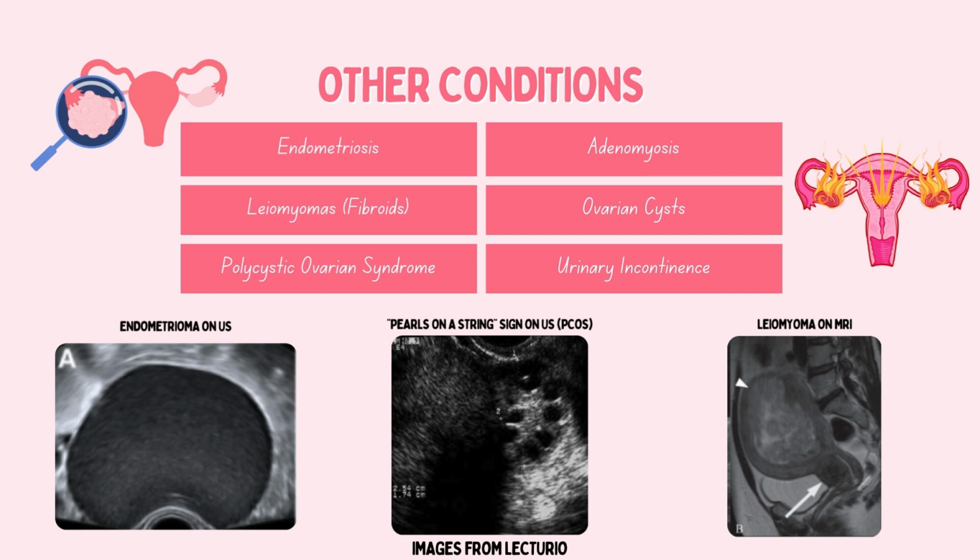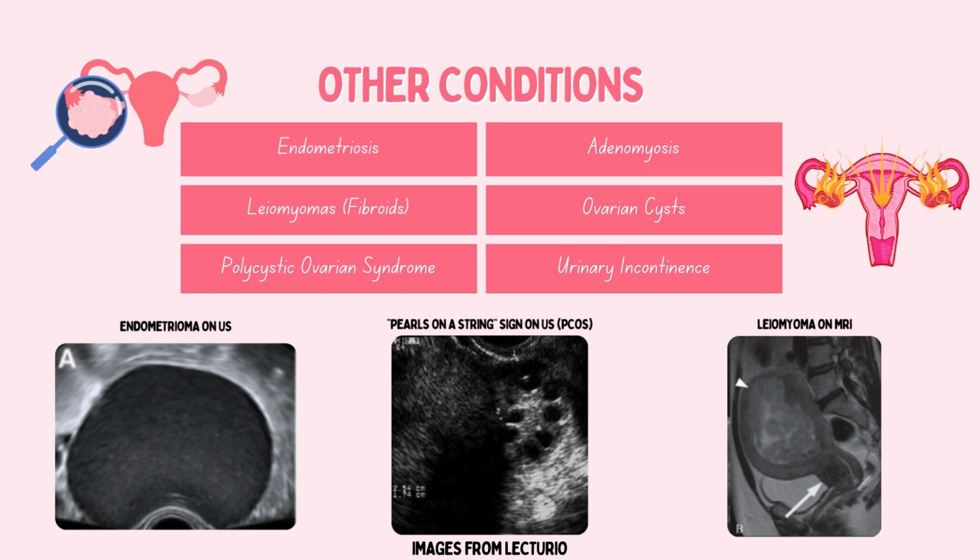Beta-3 adrenergic agonists and antimuscarinic agents are the main medical options. So beta-3 agonists include mirabegron and vibegron, which cause bladder relaxation. They have less adverse effects compared to antimuscarinics, which, speaking of, include trospium or darifenacin.